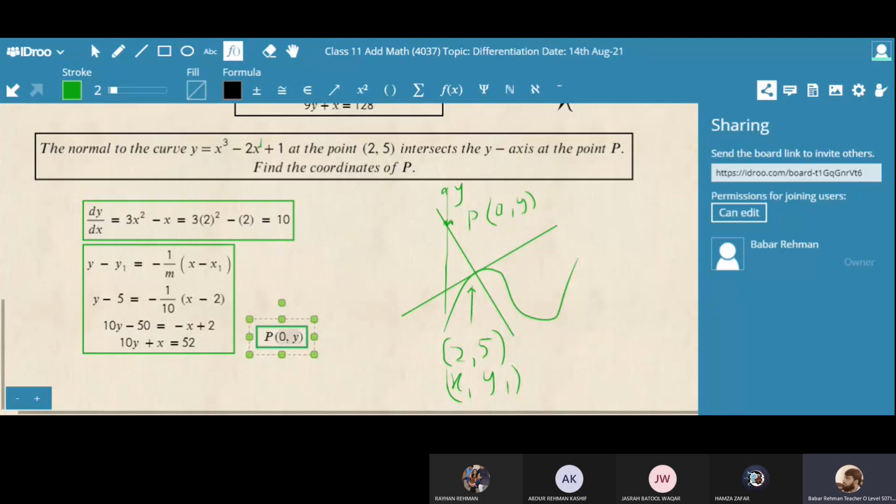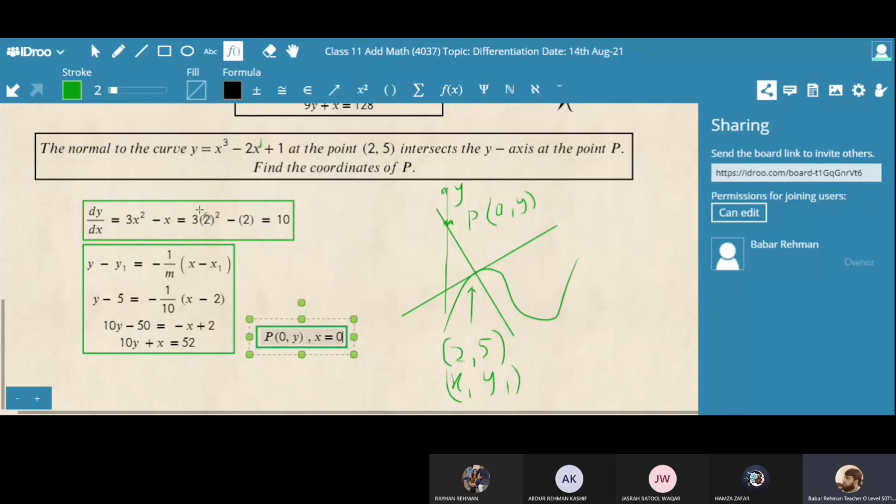I already know x is 0 because it is on the y-axis, so I input x equal to 0 to find the coordinates of P.